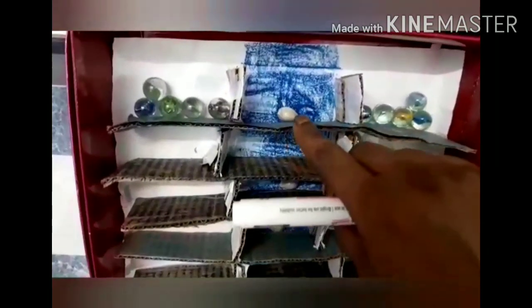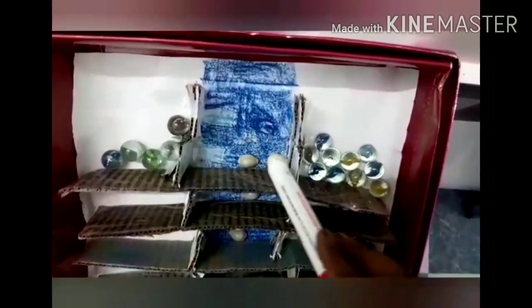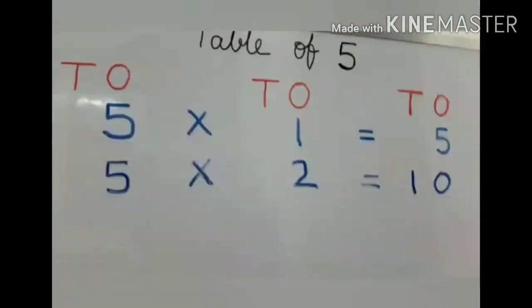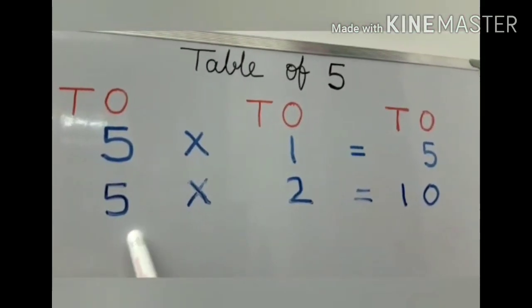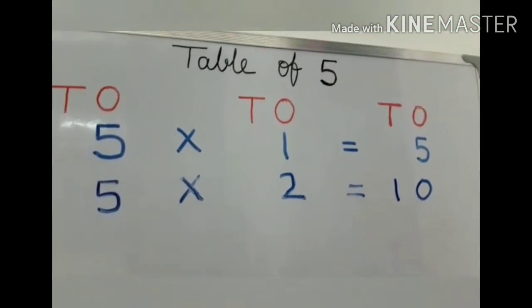Now we will do 5 twos are. For this we will take away this board, then this becomes 5 twos are 10. So let's write. See, I have written 5 twos are 10.